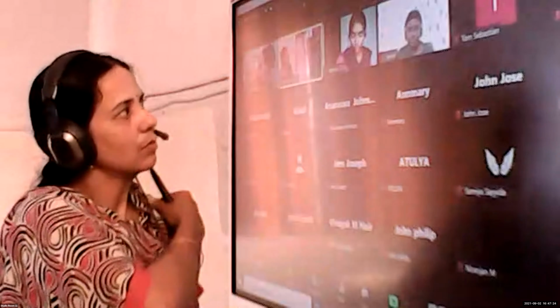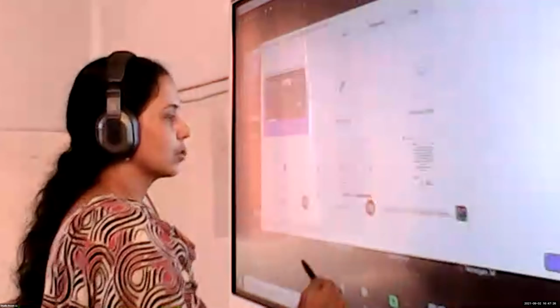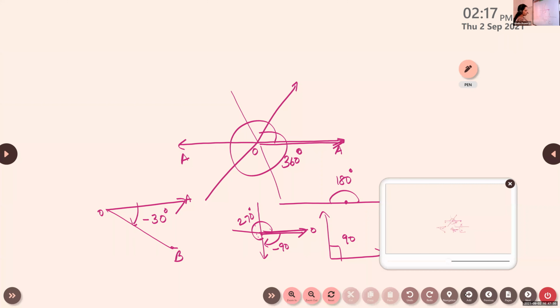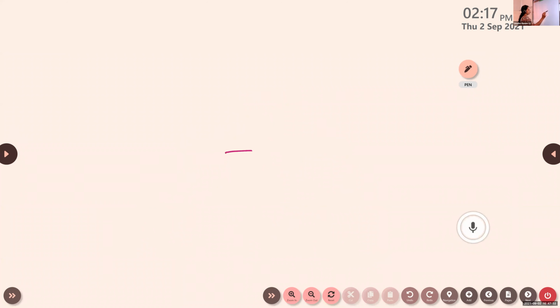Listen, when it takes one full complete round, suppose this O is a ray. When it starts from here and comes back to this position, it makes 360 degrees.